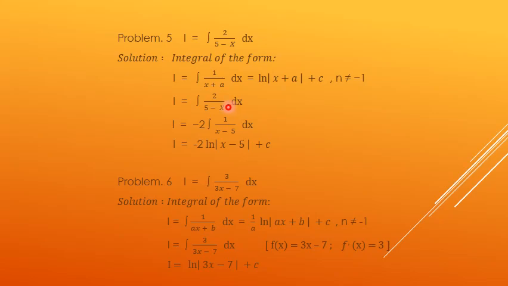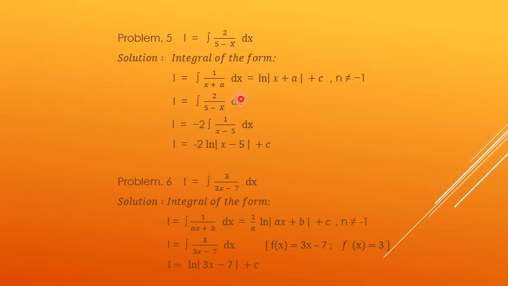Okay, so the next condition: in this integral form or formula we have positive x, but in the question we have negative x. So we change it into positive, and we know that if we multiply the complete term with minus, we get positive x. So here we multiply minus with 2, we get minus 2, and 1 is here.